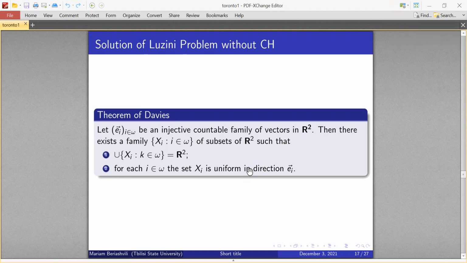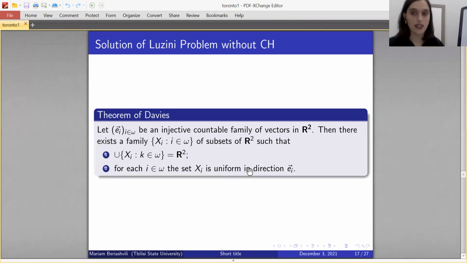Oh, so you're going to paste together the countably many uniform sets on each interval. Is that what you're doing? So your idea is to paste together the countably many uniform sets and make it into a single function. Yes. Okay. So I see. Okay, that's fine.